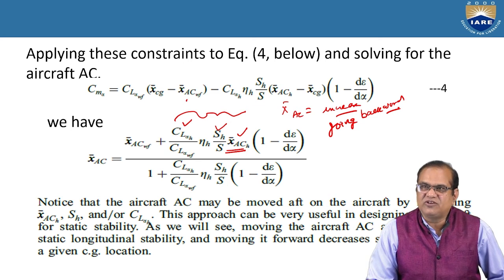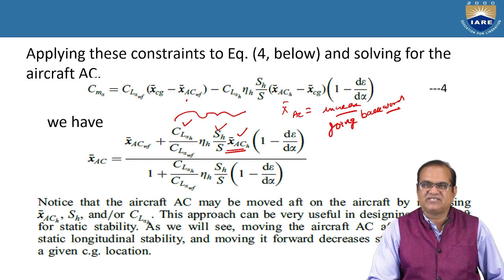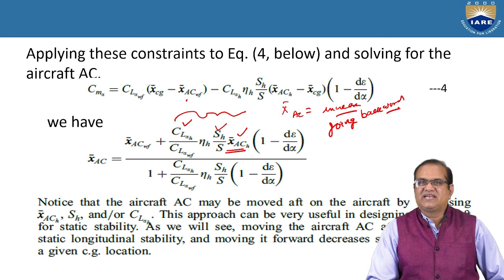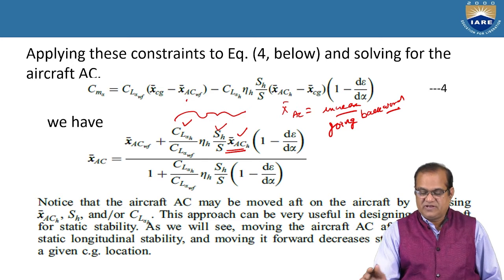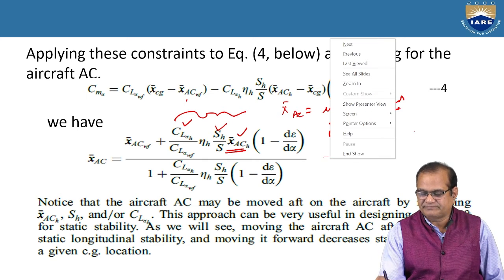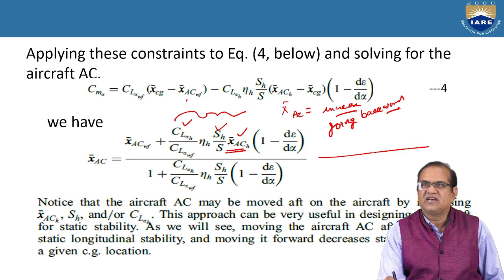This approach can be very useful in designing an aircraft for static stability. As we will see, moving the aircraft aerodynamic center aft will increase the static longitudinal stability, and moving it forward will decrease static stability for a given CG location. So if the CG is fixed, here is the CG, and this is AC1 and this is AC2.